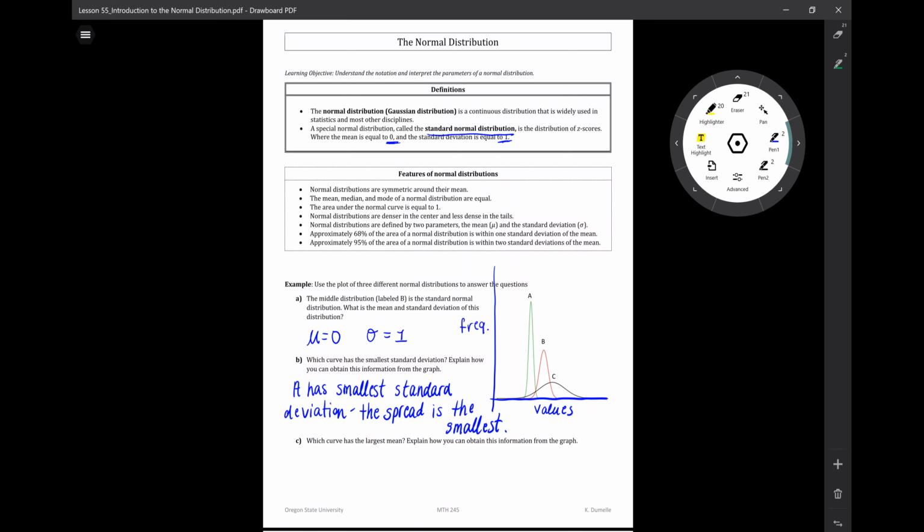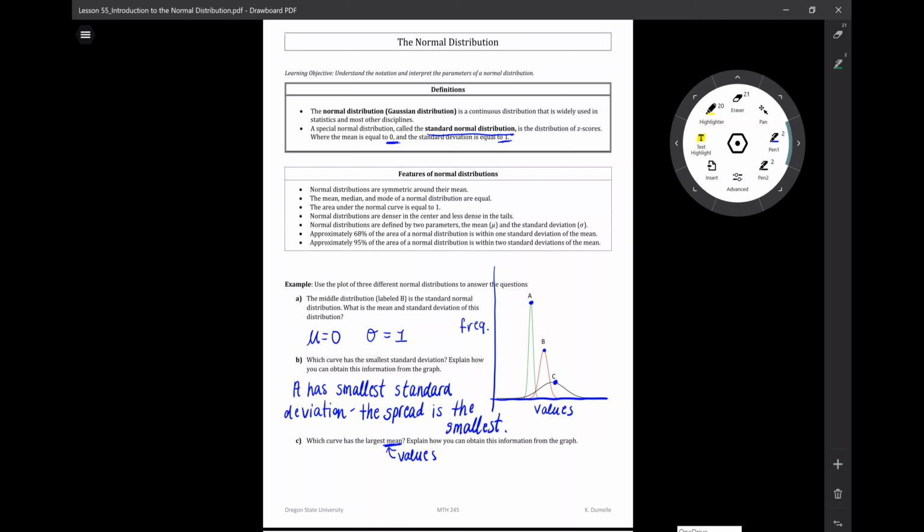So in part C, which curve has the largest mean? Remember, this mean is referring to the values, not the frequency. So I'm looking for the curve that has the largest mean value. The mean is the center of the data. So here's A's mean, here's B's, here is C's.